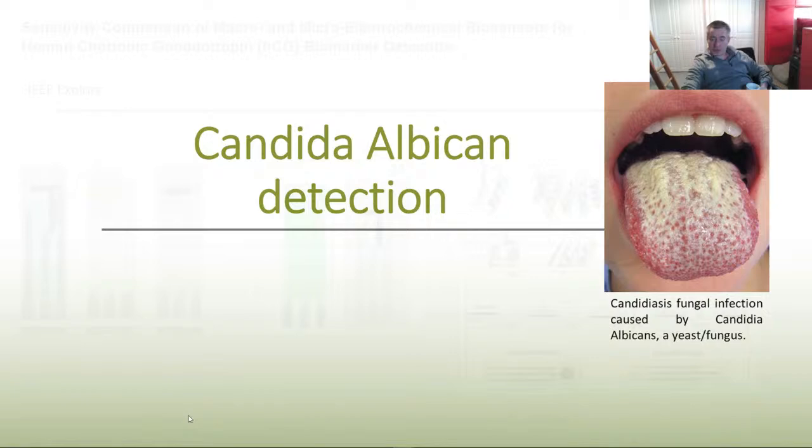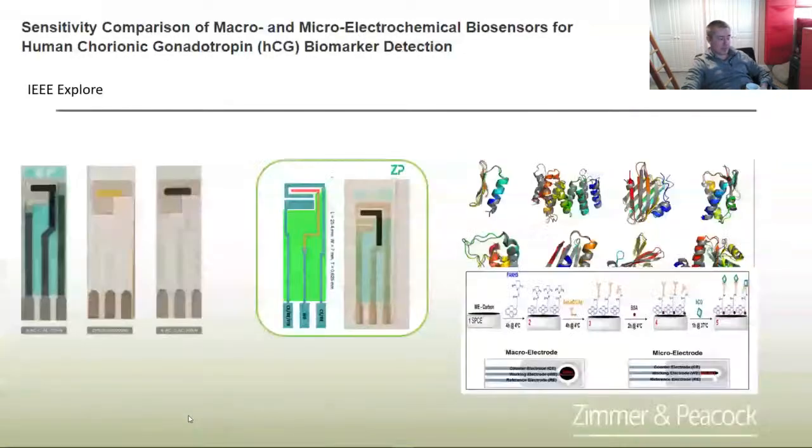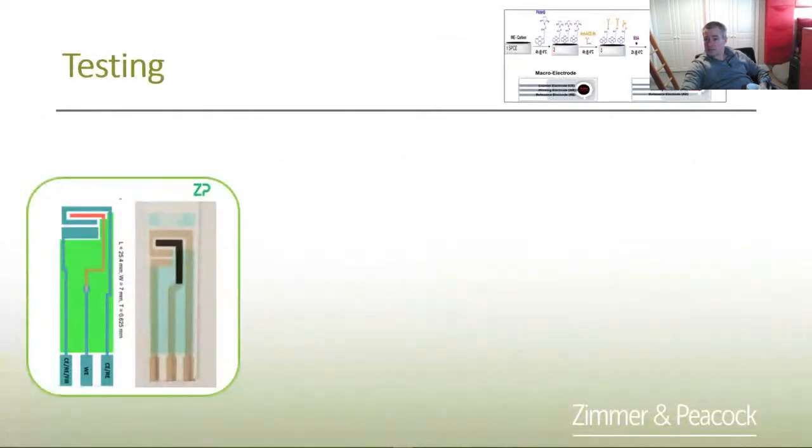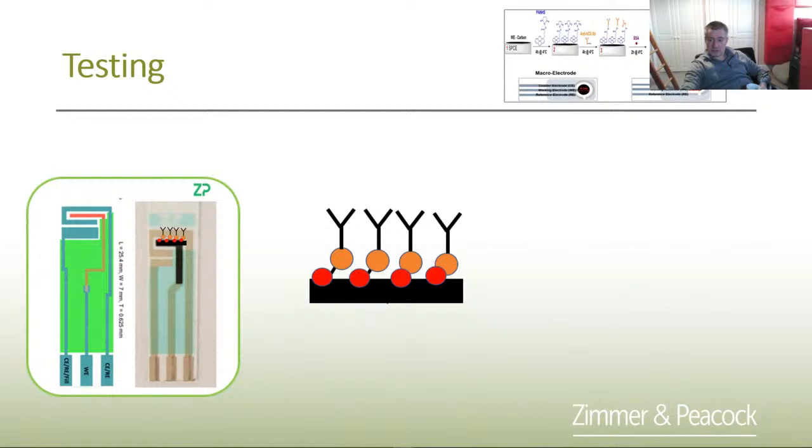We've talked in the past about antibody sensors and how to take carbon electrodes and make them specific to particular analytes. In the past, we've said we can immobilize antibodies to the surface of carbon.